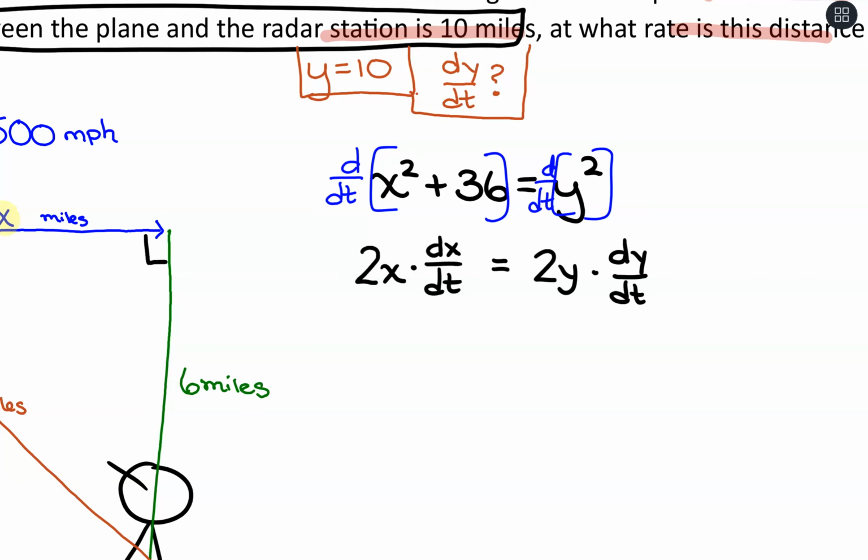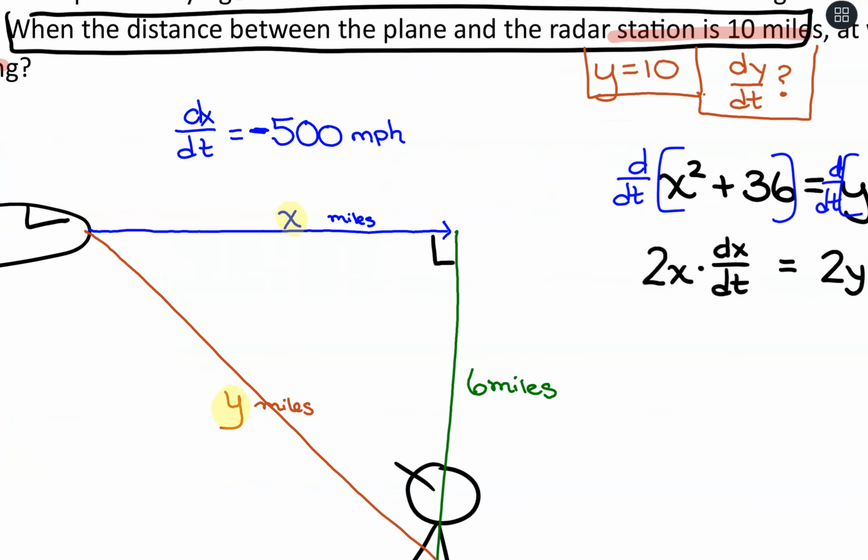So we've taken the derivative, so now we have this rate equation, and now we can plug in things that we know. So at this moment in time, we know this distance is 10 right here. We know dx/dt as well, and if we needed x, we could solve for it.